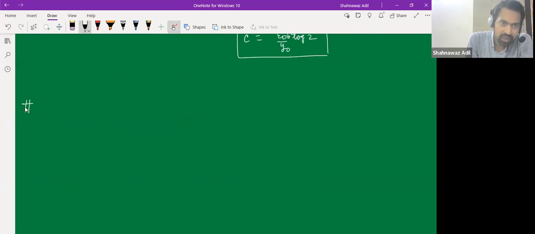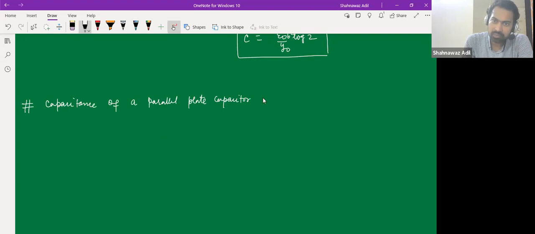So now we have the capacitance of a parallel plate capacitor which is partially filled with dielectric. So what do I mean by that?